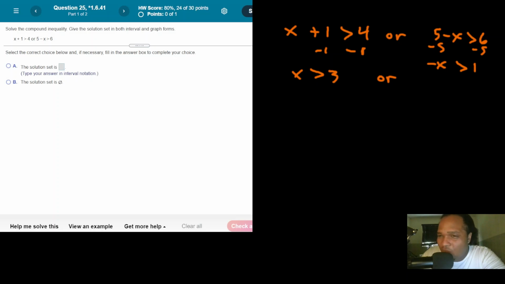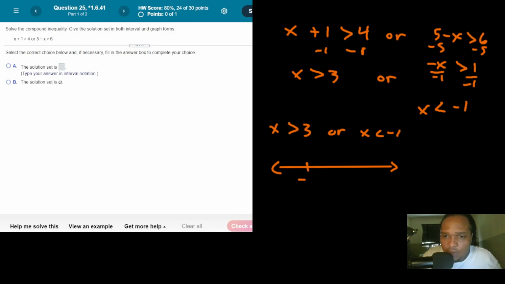We didn't come all this way for a negative X, so let's divide both sides by negative 1, or multiply both sides by negative 1, whatever floats your boat. We just divided by negative 1 though, so we flip that around and we get negative 1. So we have X is greater than 3, or X is less than negative 1. All right, let's graph it up.